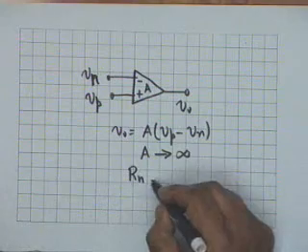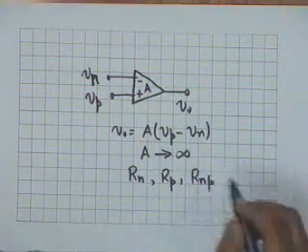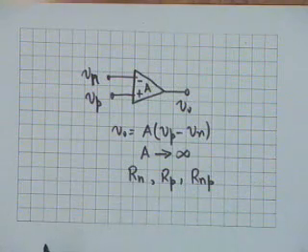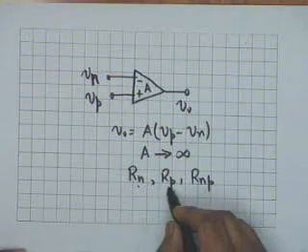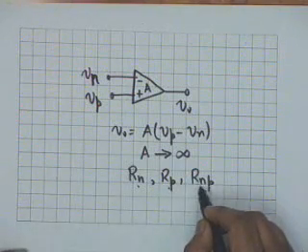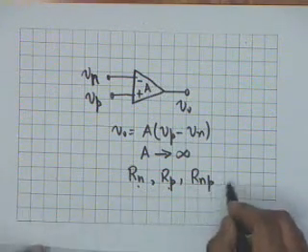Rn, Rp and Rnp, which respectively denote the input resistance looking into the inverting terminal Rn, the input resistance looking into the non-inverting terminal Rp, and the input resistance looking between the inverting and the non-inverting terminals Rnp.